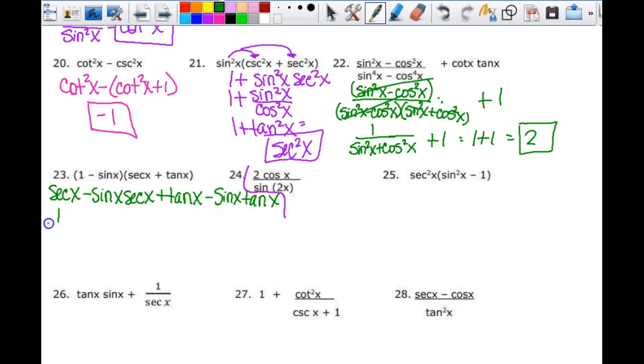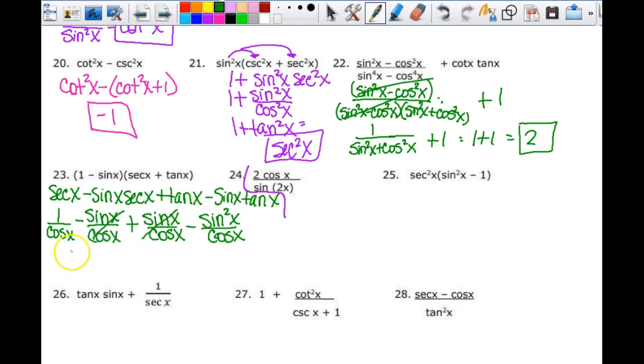So I'm going to go ahead and change that into 1 over cosine x minus, this would be sine x over cosine x, then plus, this is tangent, so that is sine x over cosine x, minus, and then this is sine of x, and then tangent is sine over cosine, so that becomes sine squared x over cosine x. So now I have all common denominators, but these two things cancel out.